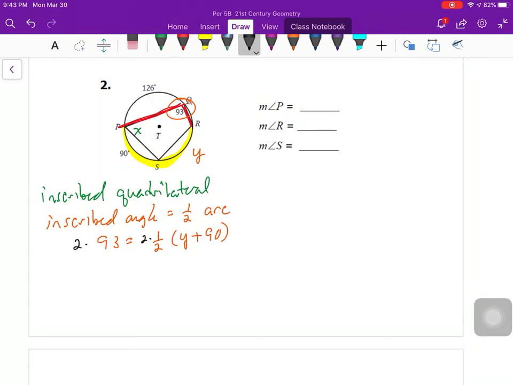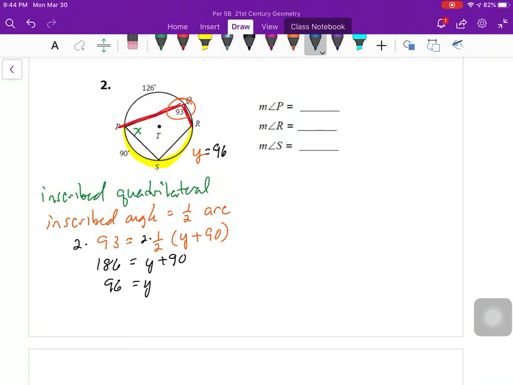And again, to solve this, I would encourage you to consider multiplying by 2. 2 times 93, 186, equals y plus 90. So y would equal 96.